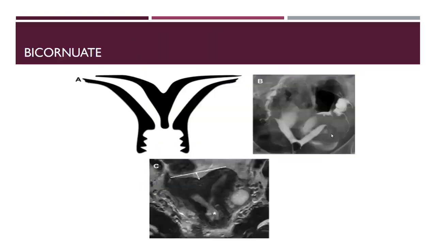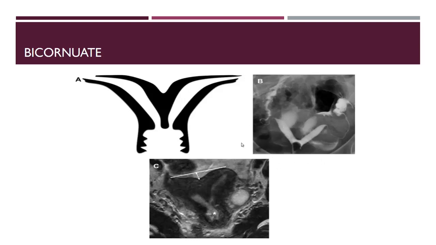Just here, this is a bicornuate uterus. There is an indentation of more than 1 centimeter. It may be bicornuate bicollis or bicornuate unicollis. So this is the appearance of a bicornuate uterus, but again from hysterosalpingography I could not identify it.